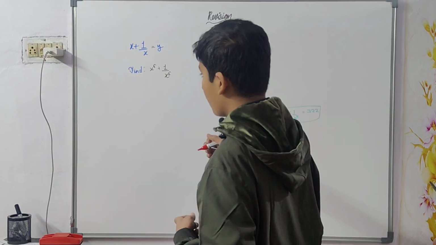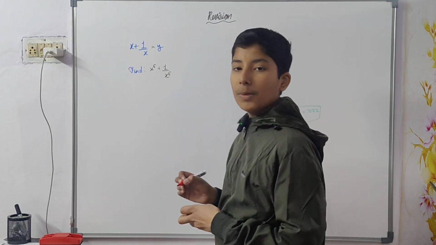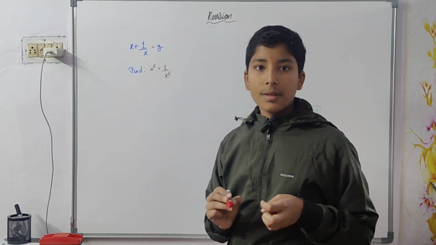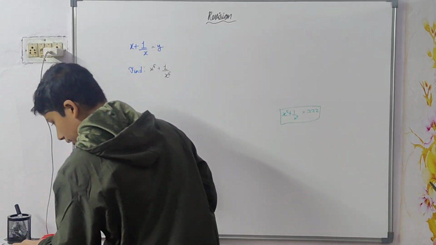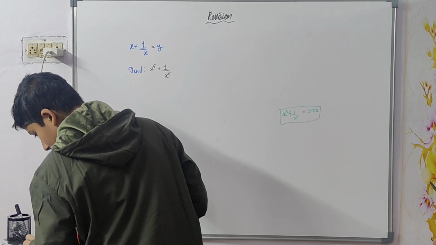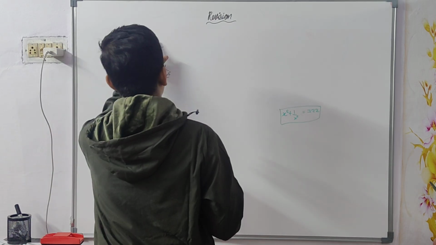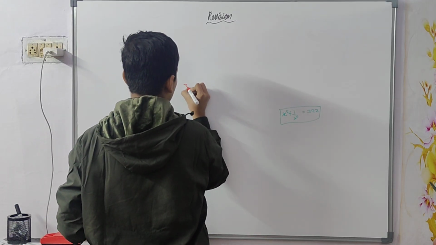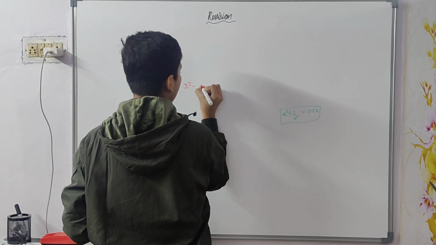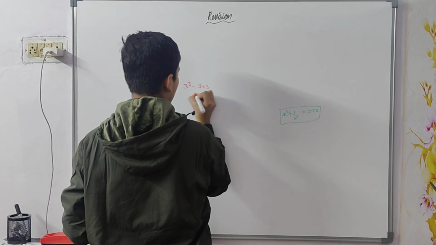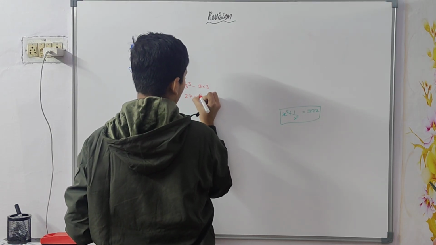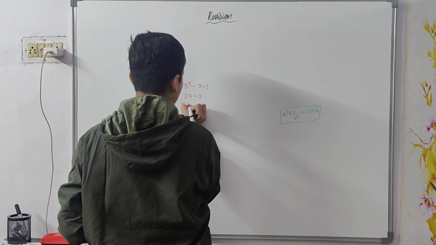Now let's see. Firstly, we had to do the cube. I told you how: y cube minus 3y. So what is y given? Y over here is 3. So 3 cube minus 3 into 3 is 27 minus 9, 18.